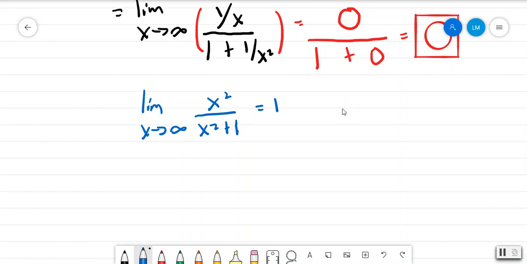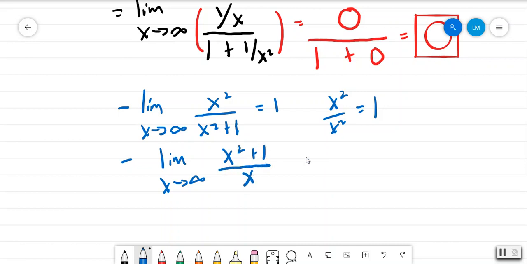Why? Because it's kind of like saying x squared over x squared equals 1, so they're the same. But if you had the opposite, like the limit as x approaches infinity of x squared plus 1 all over x, well, this is going to go to either infinity or negative infinity, depending not only on where x is going, but on whether this is preceded by a negative symbol.